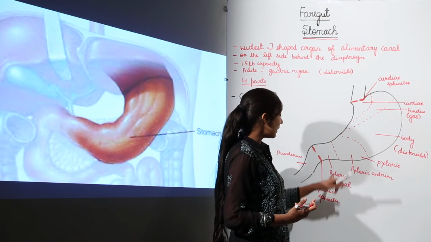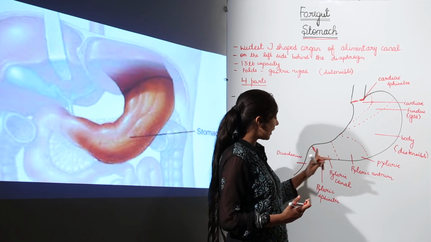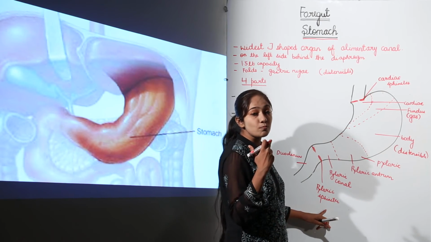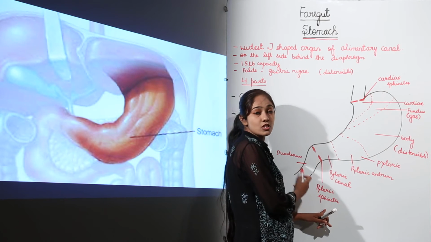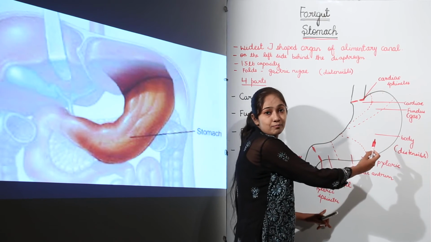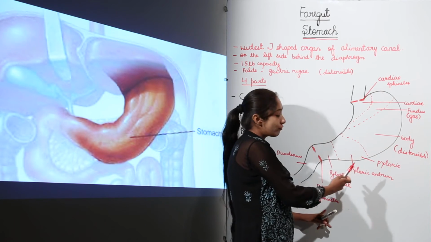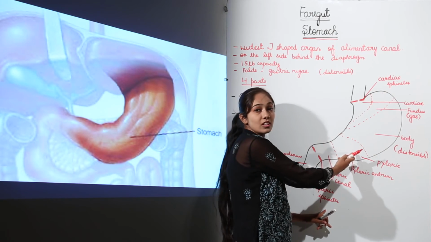This pyloric canal leads into the small intestine, that is the duodenum. And over here at the end of this pyloric canal, we have a pyloric sphincter that is going to prevent the backflow of the food that has entered the duodenum of the small intestine back into the stomach. So this pyloric sphincter is also preventing the backflow of the food from the small intestine back into the stomach, right.